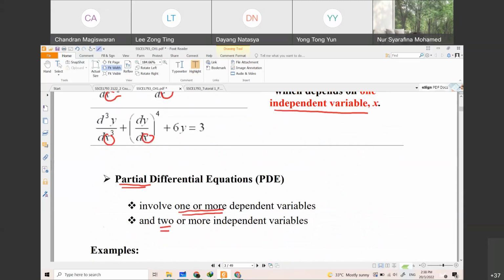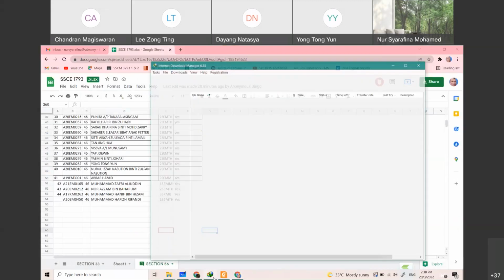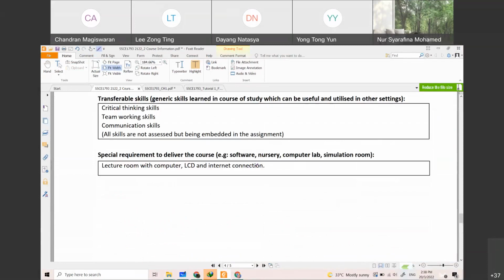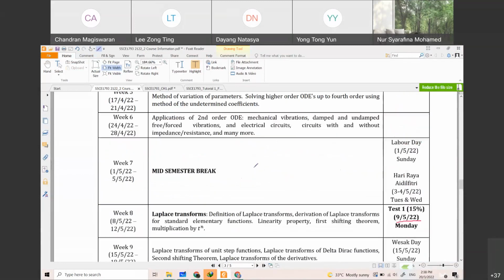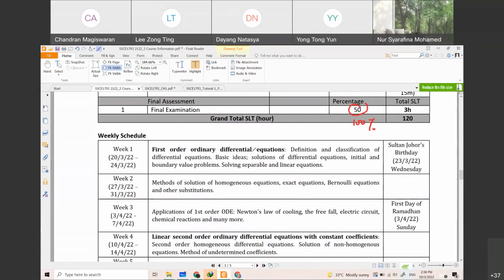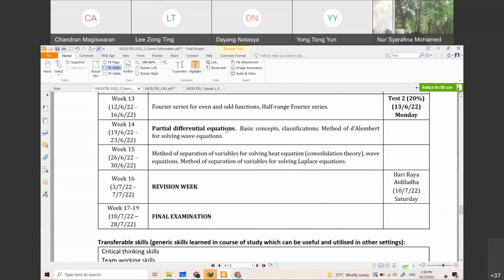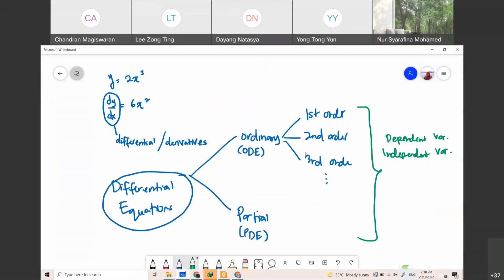And remember, in your chapters, we have the first chapter, first order differential equation.